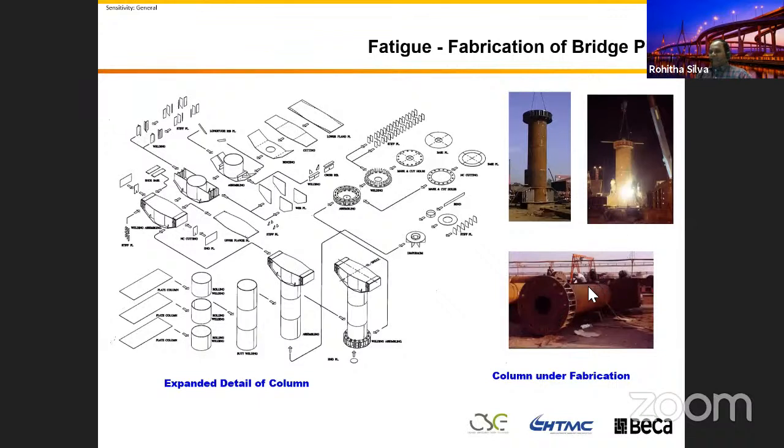But you can see on your left-hand side, this is the detailed fabrication drawing, the expanded detail of the fabrication drawing we produce to make sure that all these hundreds of elements we cut, we assemble them together in the site, all by welding.